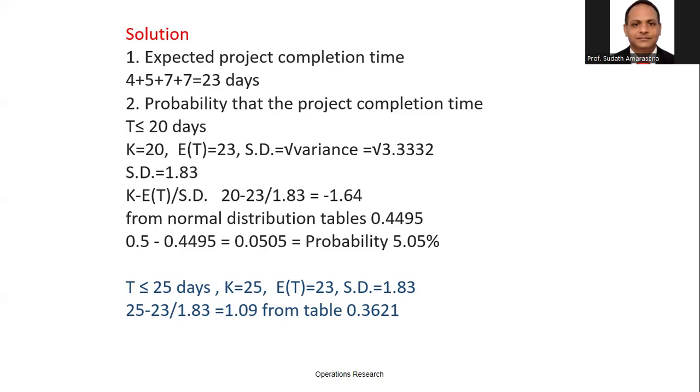Then within 25 days: 25 minus 23 divided by 1.83, then you get the value 1.09 from the Z table. I again used the non-cumulative table. That's the reason I got 0.3621. When you add the 0.5, you get 86.21.